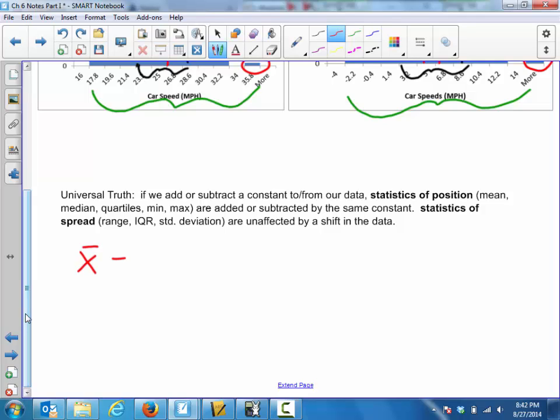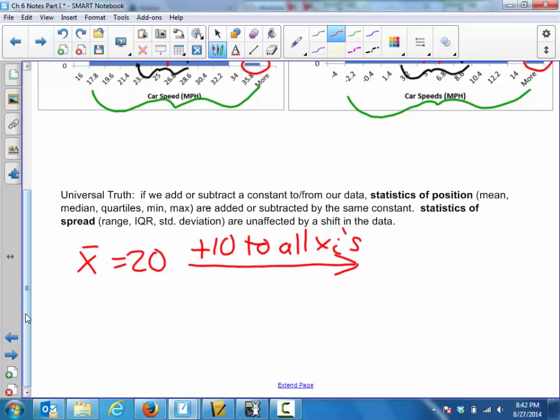So let's say that we've got a distribution for which the mean is 20. If I add 10 to all x sub i's. What is an x sub i? An x sub i is some data value in the data set. X sub 1 would be the first, x sub 50 would be the 50th, etc. Then x bar, the mean, changes similarly.